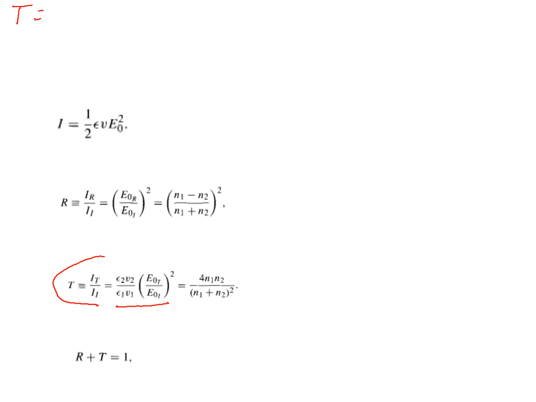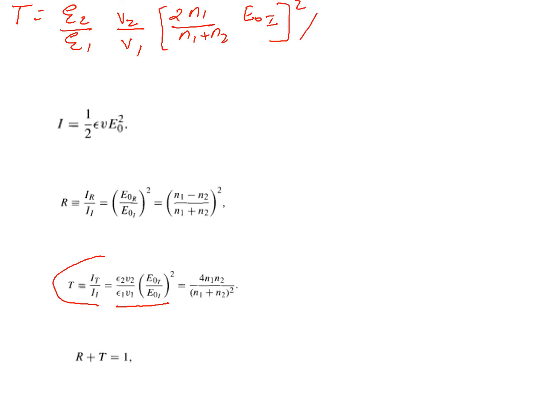So T equals epsilon 2 divided by epsilon 1, V2 divided by V1, E0T replaced by 2N1 divided by N1 plus N2 times E0I, whole square, divided by E0I square. This E0I cancels. So this will give epsilon 2 divided by epsilon 1, V2 divided by V1, then 4N1 square divided by N1 plus N2 whole square.